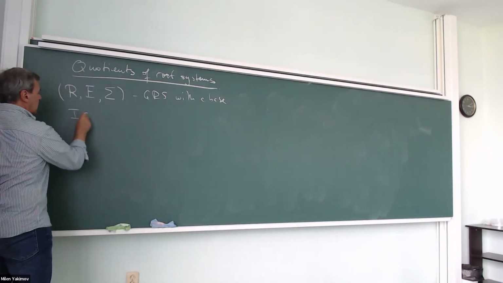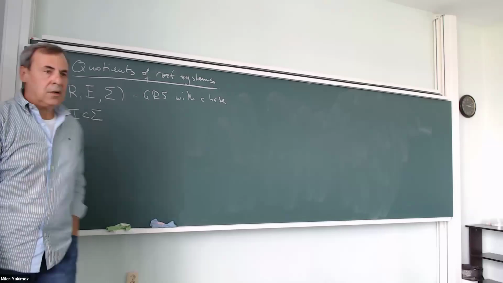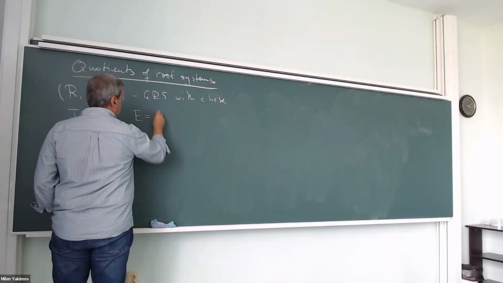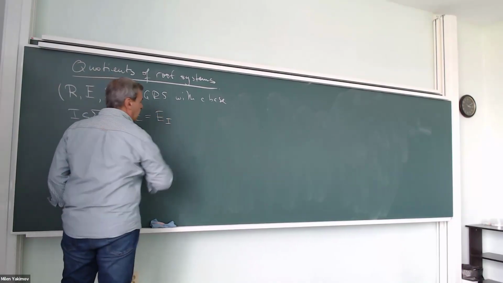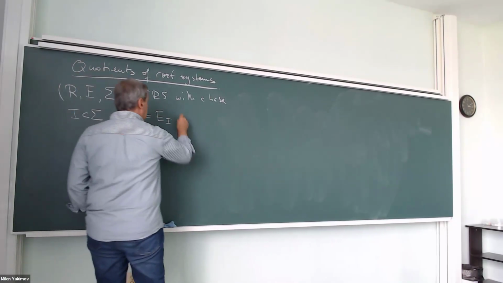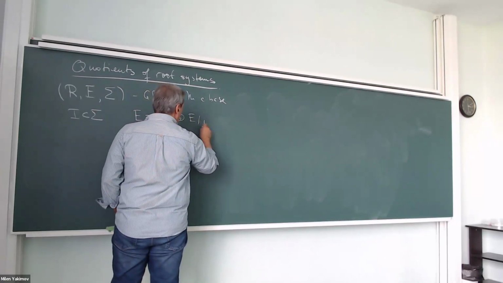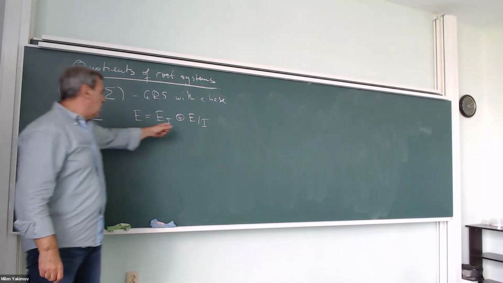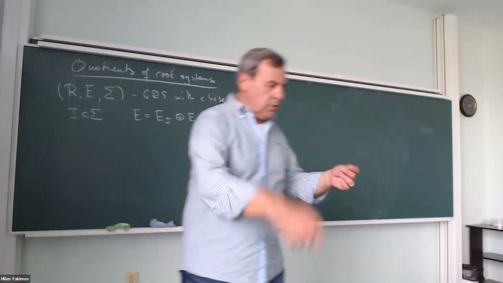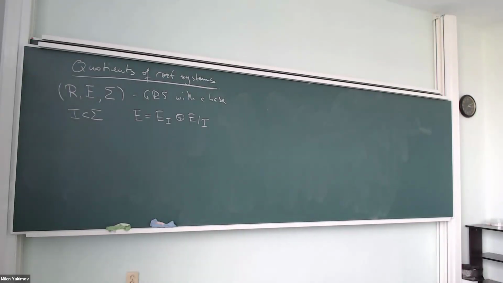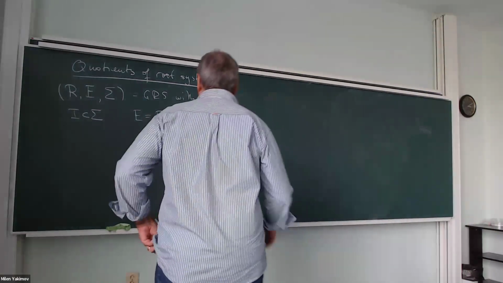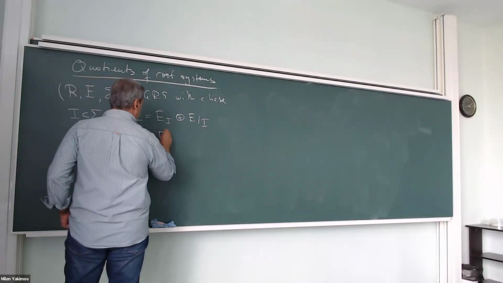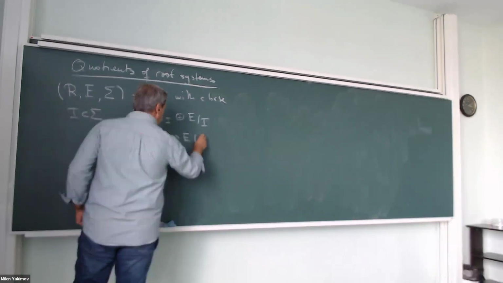And taking a subset I of the base, E decomposes as the orthogonal direct sum of E_I and E mod I. So E_I is just the subspace spanned by I, and E mod I is the orthogonal complement. Defining pi_I, the projection from E to E_I.